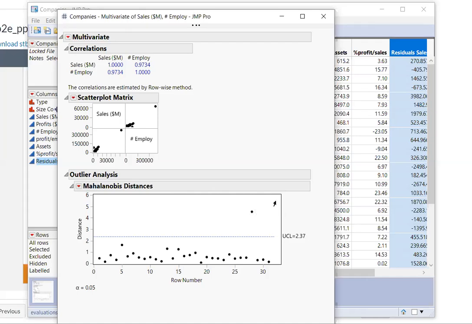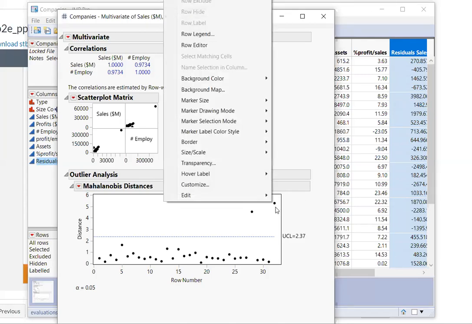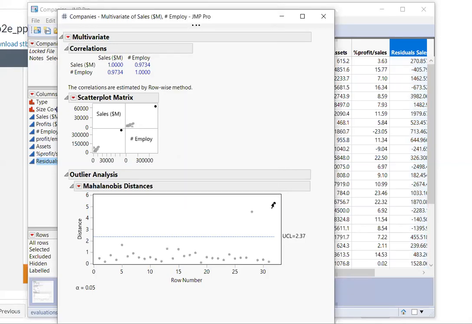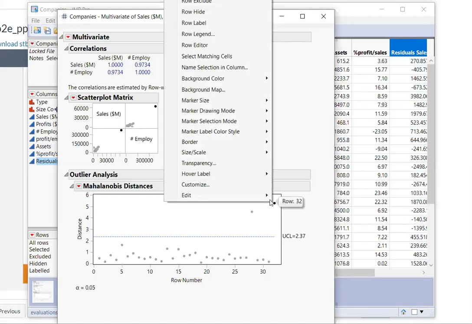So there are different ways to exclude them from results. I think if you right click here, it should give you, or maybe you should click on it first and then right click. Up here you can see row exclude.